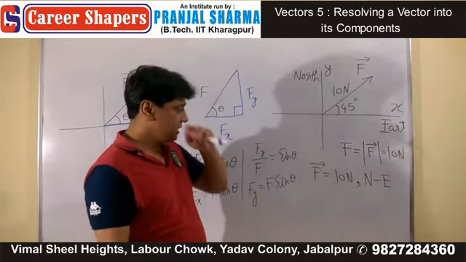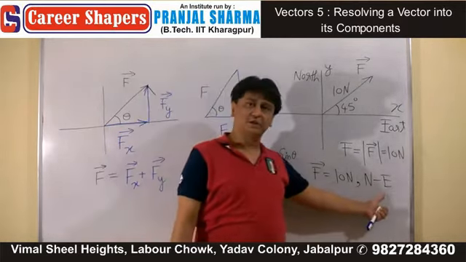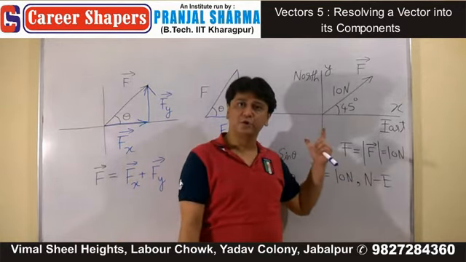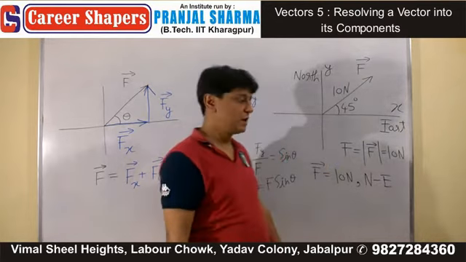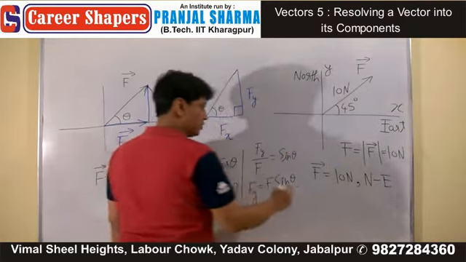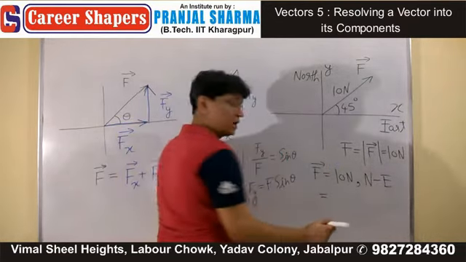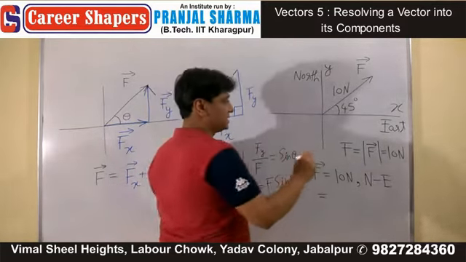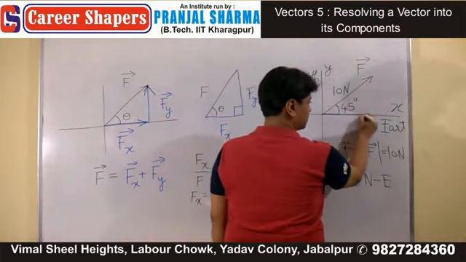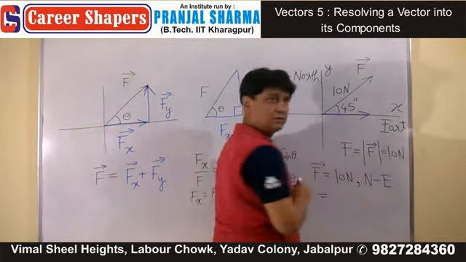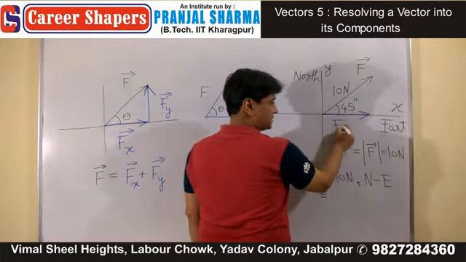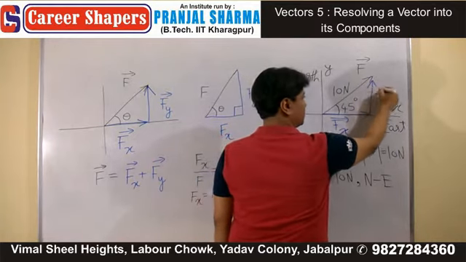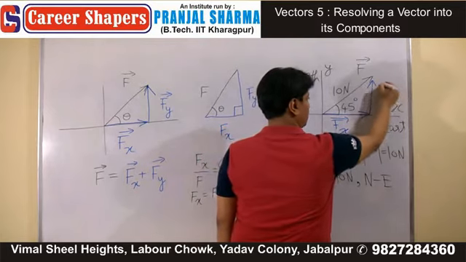Now, this 10 newton northeast, we want to resolve this vector into its components, and for that we will say that this F is equivalent to this, which is Fx, and this, which is Fy.